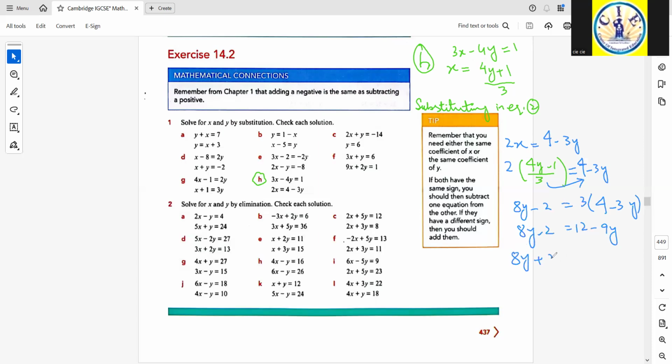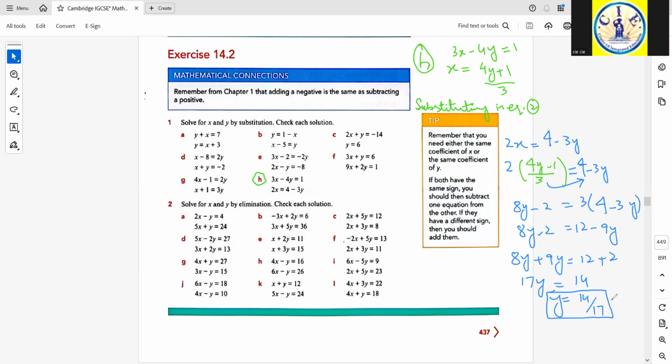So 8y plus 9y is equal to 12 minus 2. The value of variable y is 14 by 17.